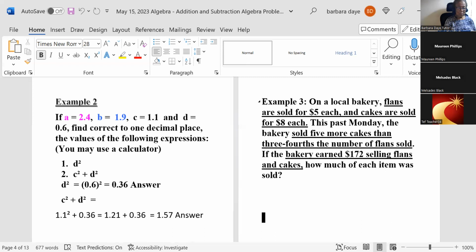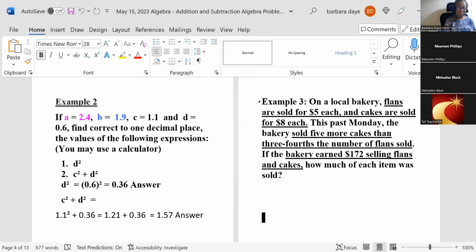So 3/4, and 5 more than 3/4. What's the 3/4 of the flans sold? The flan is $5. Okay, let's try this first. Change the variables to algebraic.